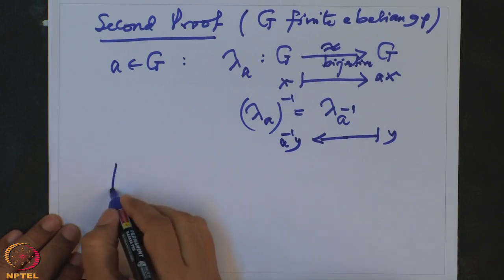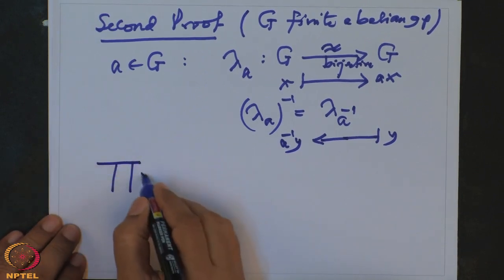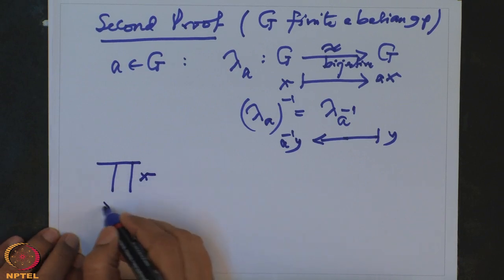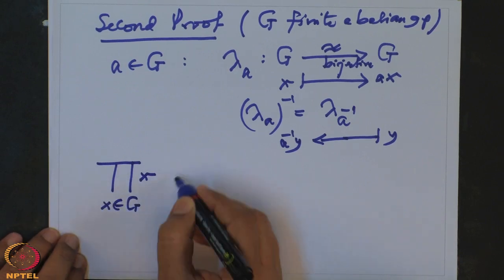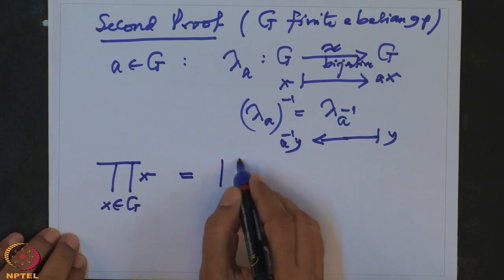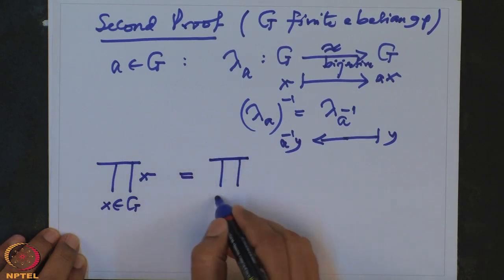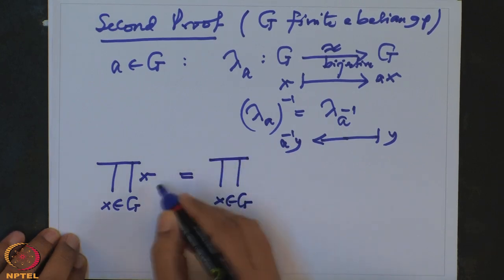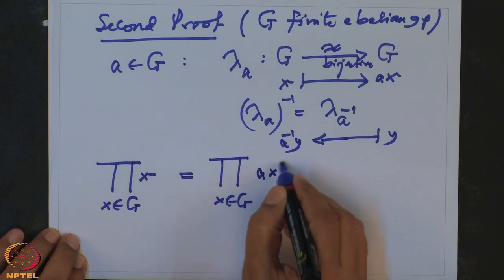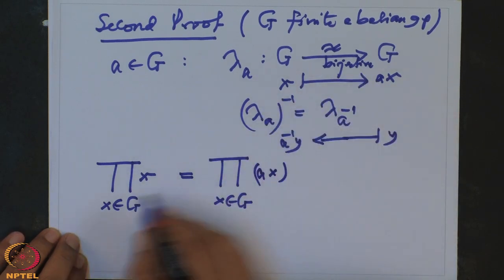So now let us compute the product over x in G. This is the same thing as the product over x in G, where instead of x I write Ax, because it's a bijective map. This product has not changed.